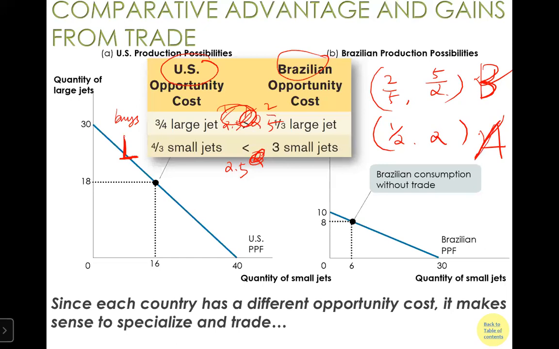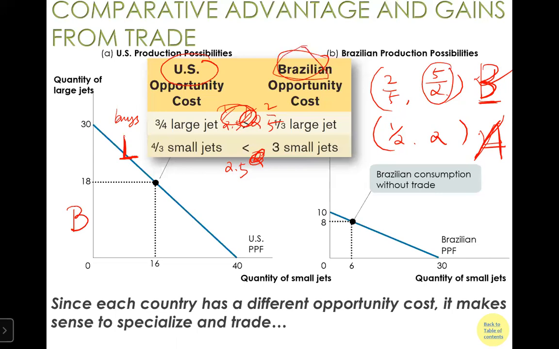If we compare price A versus B, under B the US is going to sell larger jets at a higher price. Now look at Brazil.